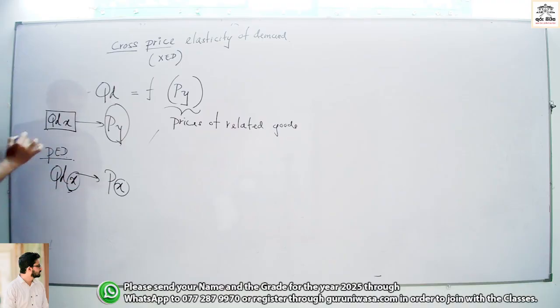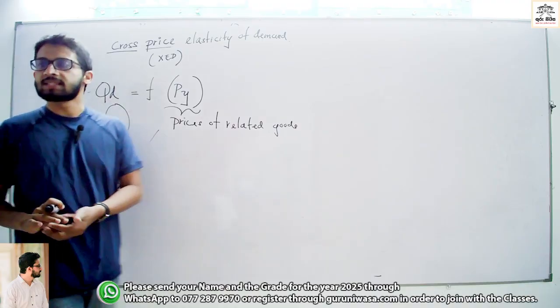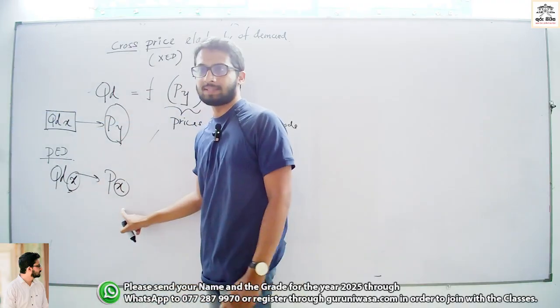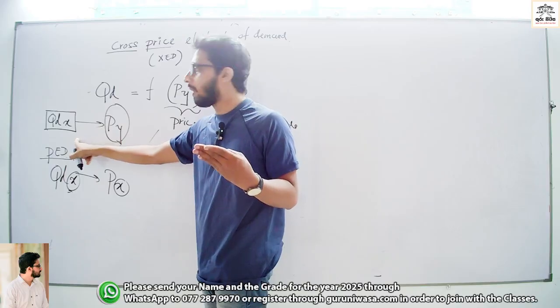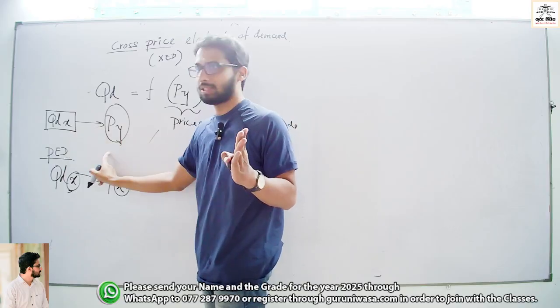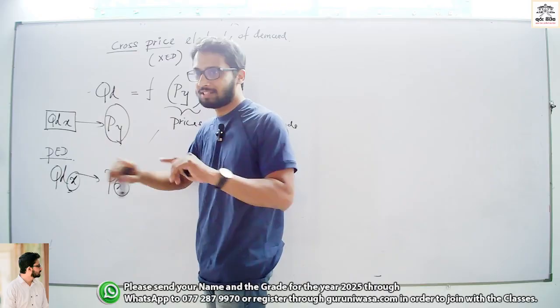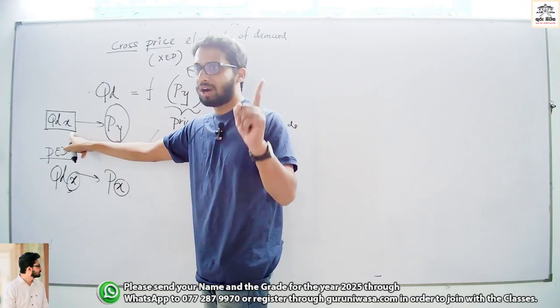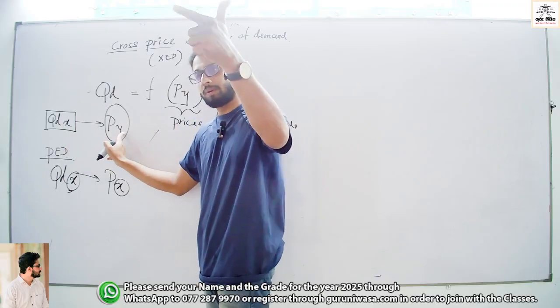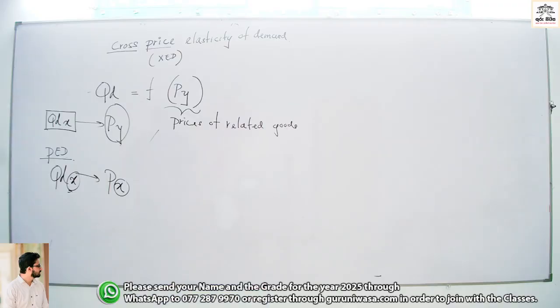Same product, X. This is called price elasticity of demand. Today my focus is on cross price elasticity of demand. Understand the concept? Here we are talking about two products: quantity demanded of one product, price of another product. Are you clear? Yes, sir.